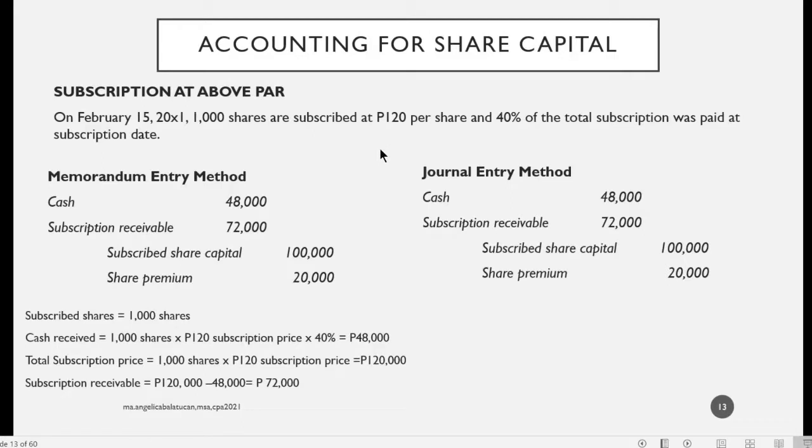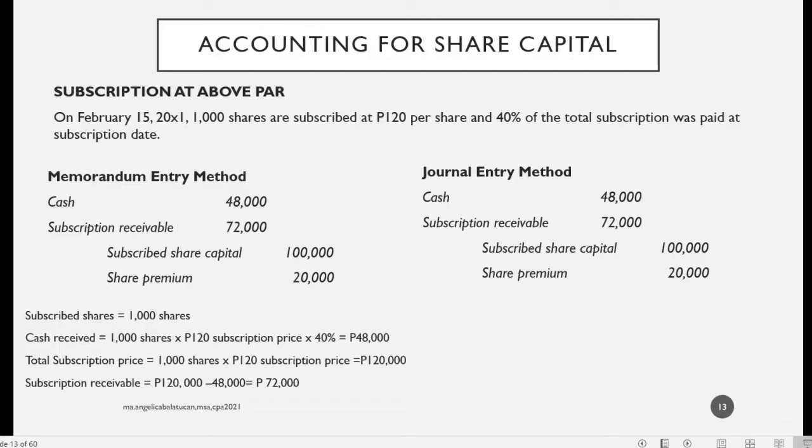So, the number of subscribed shares in this problem is 1,000 shares. Di ba? And times 120 peso subscription price and 40% was paid. So therefore, that's 1,000 times 120 times 40%.